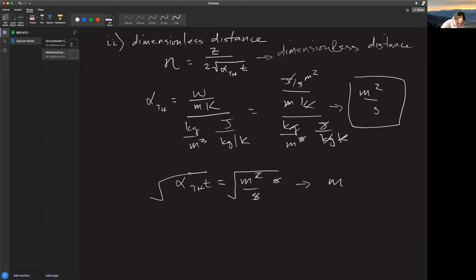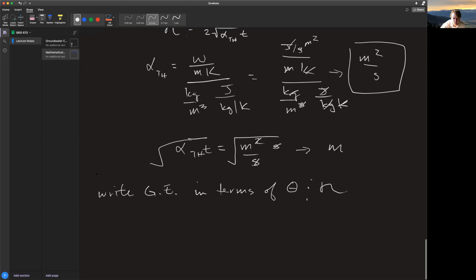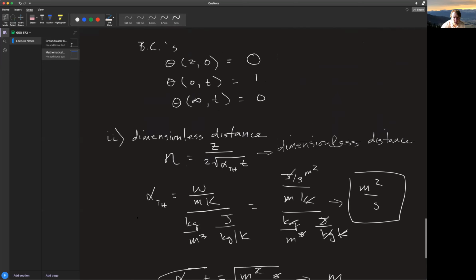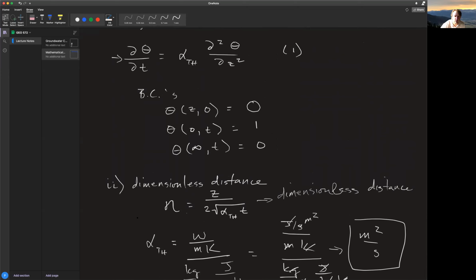We want to write our governing equation in terms of theta and eta. So let's think about how we might come up with our first term of the equation.